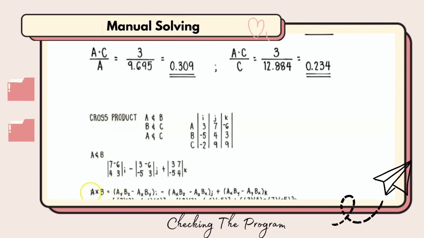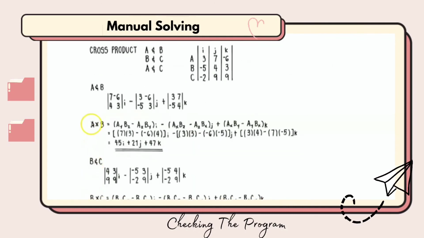After that, we proceed to the formula, which is (Ay times Bz minus Az times By) i minus (Ax times Bz minus Az times Bx) j plus (Ax times By minus Ay times Bx) k.